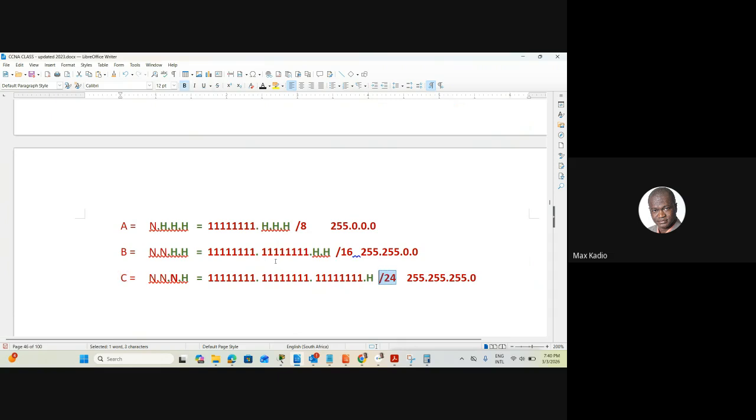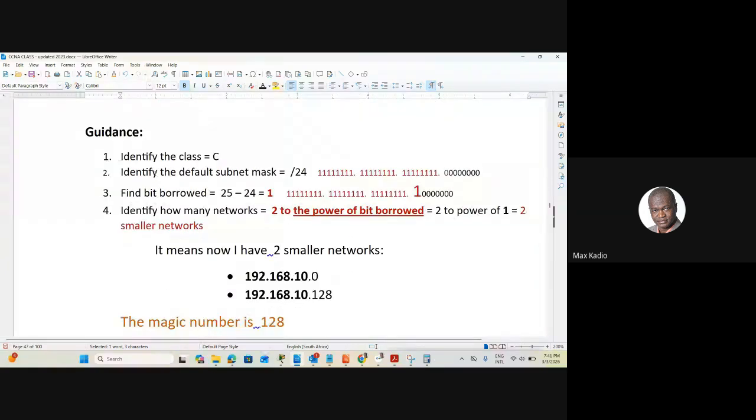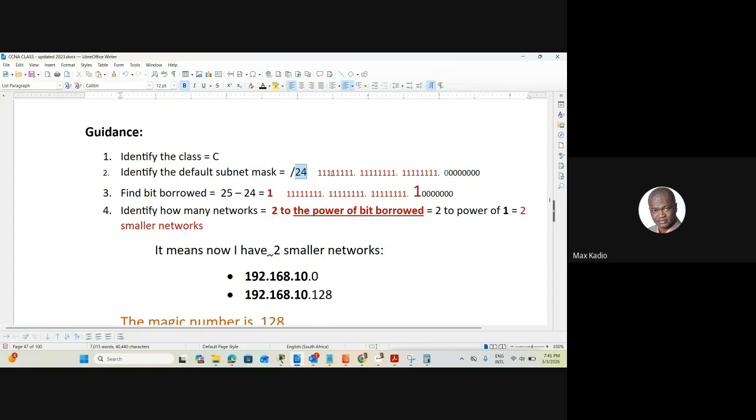Very important to know that. Why 24? Because you see 1 block, 2 blocks, 3, 4 blocks, and 24 means I have 24 ones. The first three blocks are all ones. That's why you say /24.